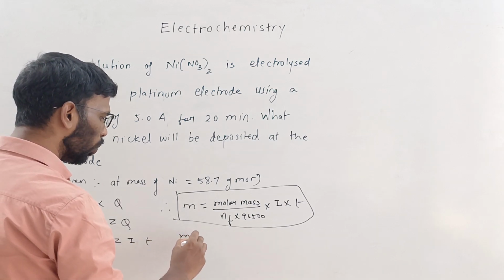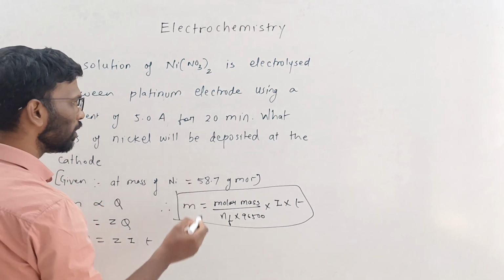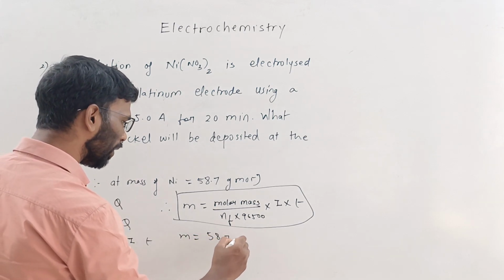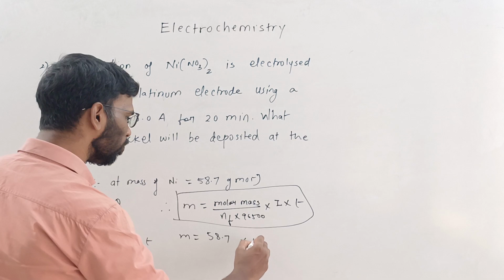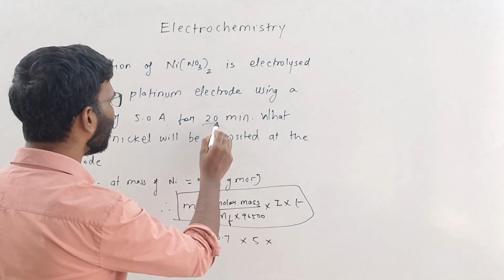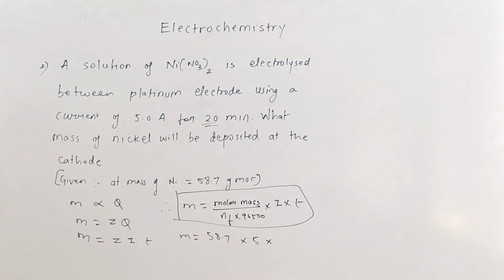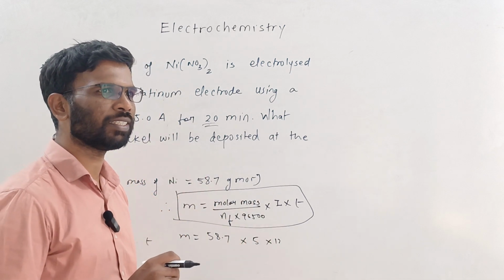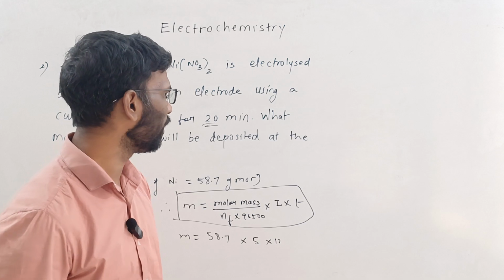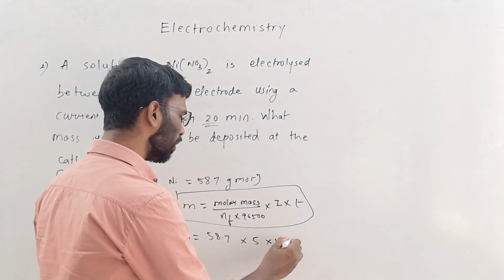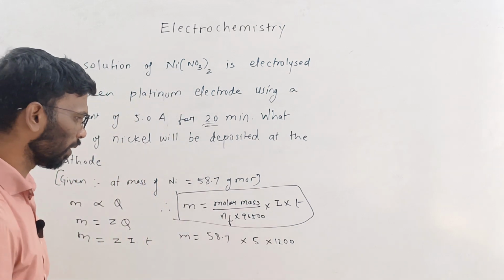So M is equal to molar mass, how much is it? It is given to be 58.7, right? Current is how much? 5 ampere. Time is 20 minutes. 20 minutes means you will be taking that in seconds. 1 minute is equal to 60 seconds, right? 60 into 20 is 1200 seconds.